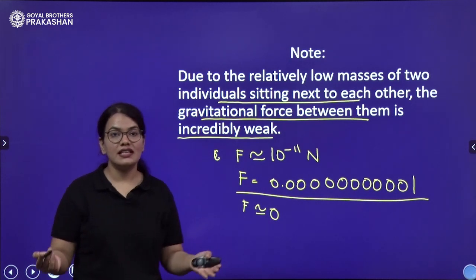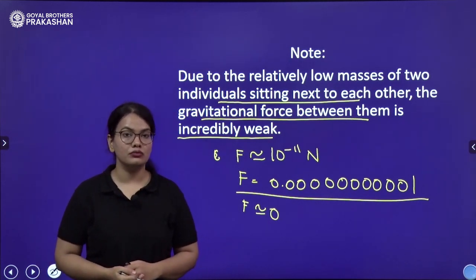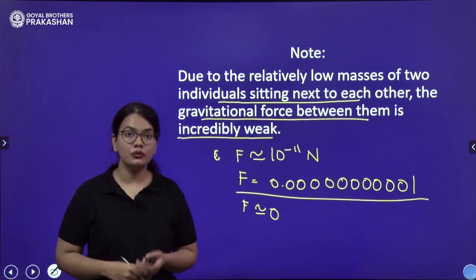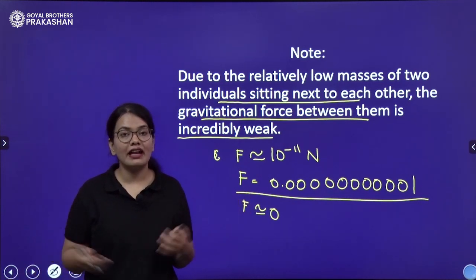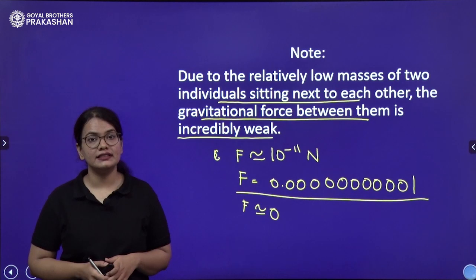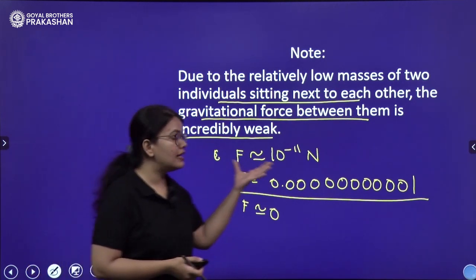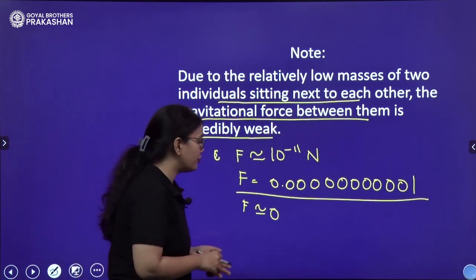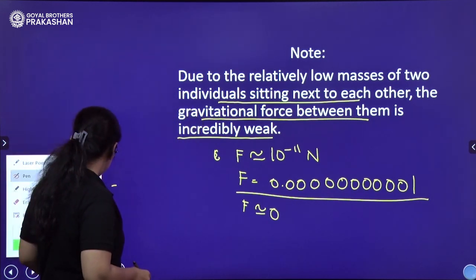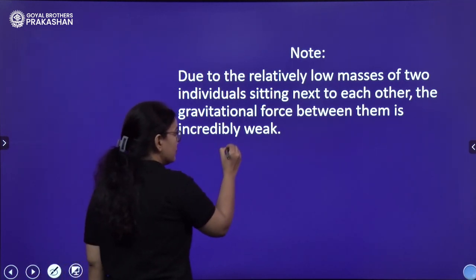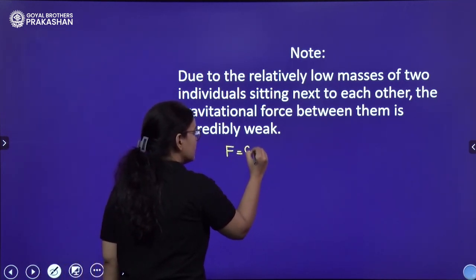Imagine the two benches that are lying there in your classroom, or the table and the bed in your room. They also have a gravitational attraction force towards each other, but they are not moving towards each other because again the mass is very less. See, if you try to calculate, let me give you an estimation so that you understand it.